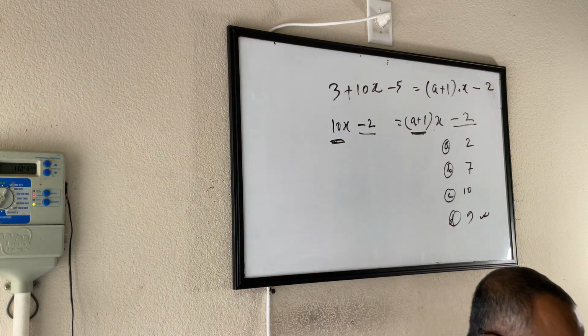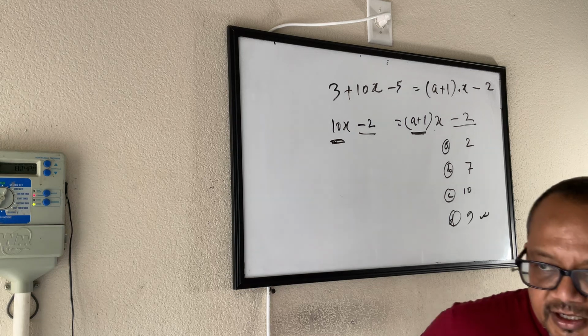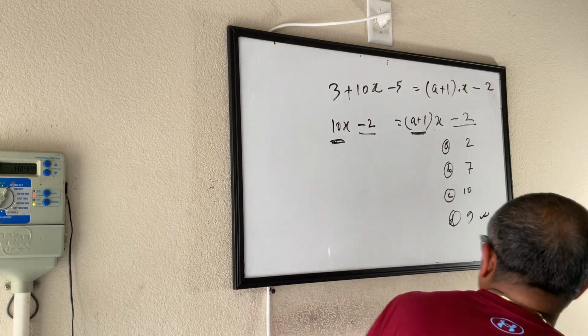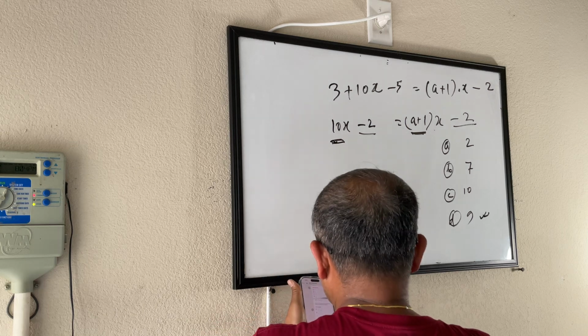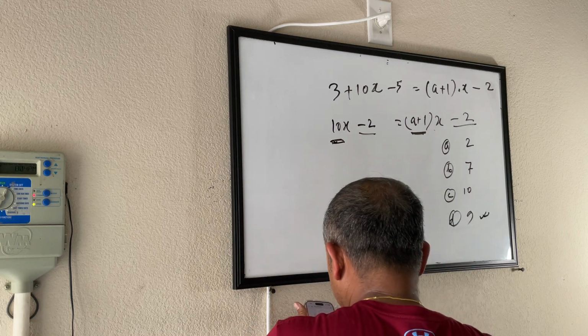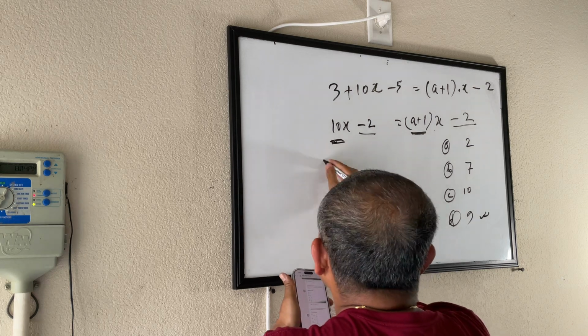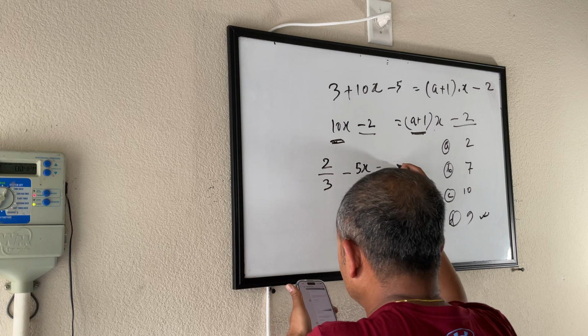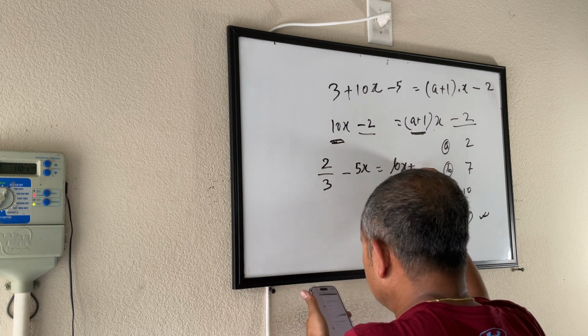Okay, so let me write it down, otherwise I don't feel comfortable. This says minus 5x equals bx plus 1/3.